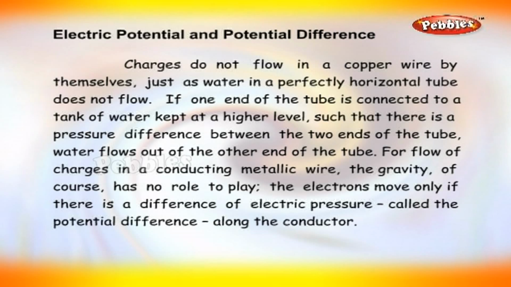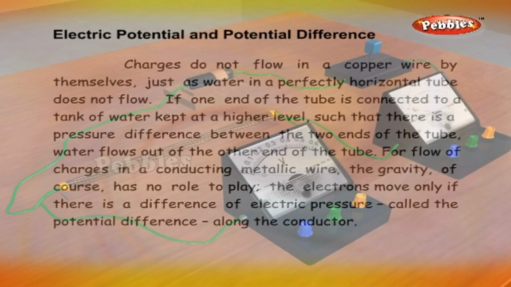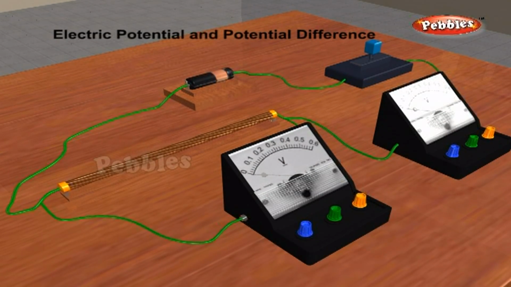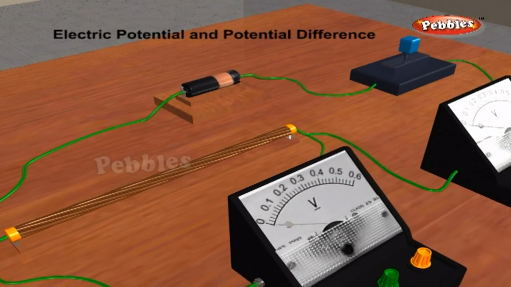For flow of charges in a conducting metallic wire, the gravity, of course, has no role to play. The electrons move only if there is a difference of electric pressure, called the potential difference, along the conductor. The difference of potential may be produced by a battery consisting of one or more electric cells.